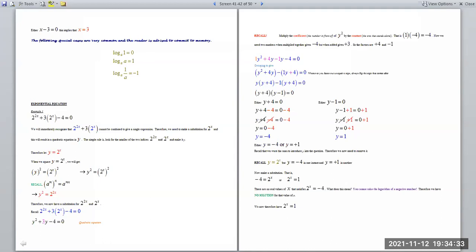Let me look at number one. This thing's moving so slowly, my goodness.